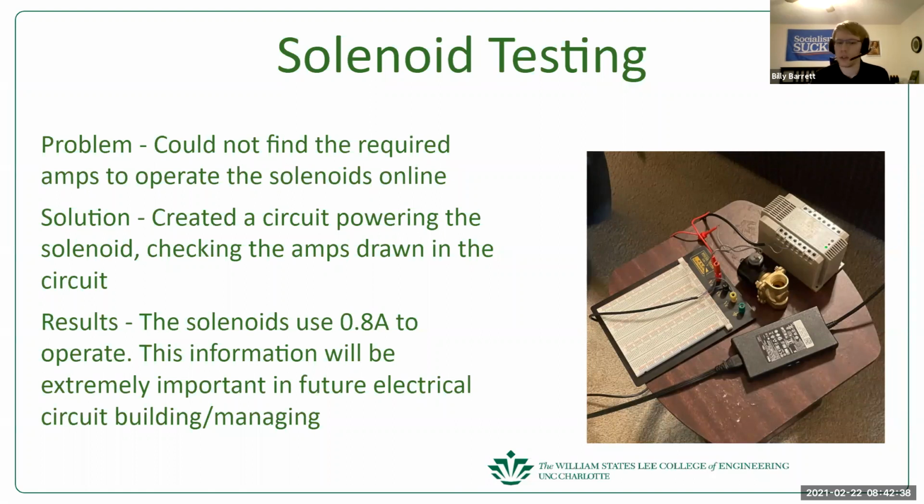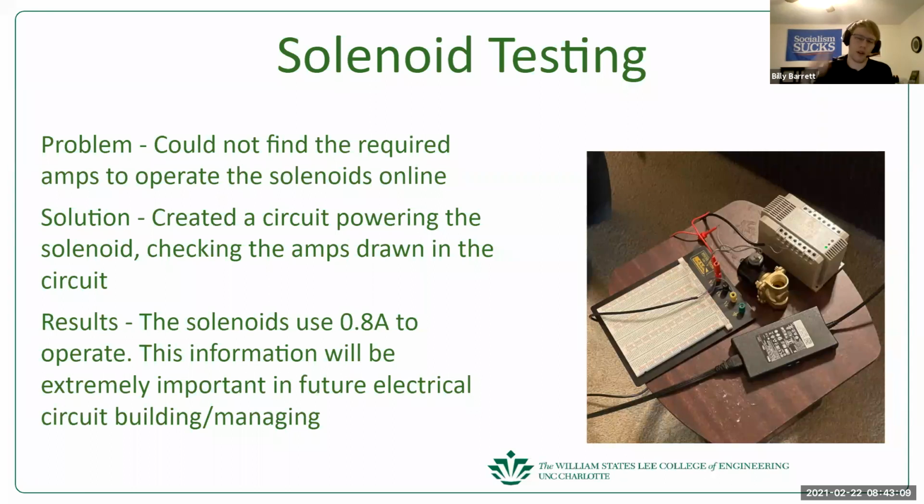This was really good news for us because 0.8 amps is not much when it comes to both a power supply and the power distribution board. It can handle this very well. One output on the power distribution board can support, what was it? Next slide.